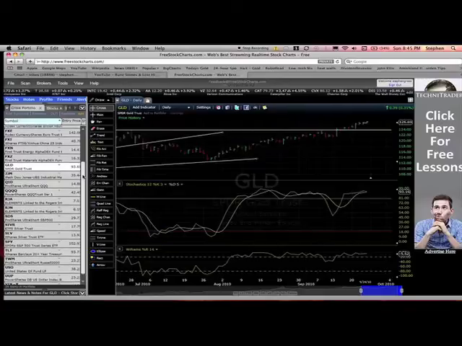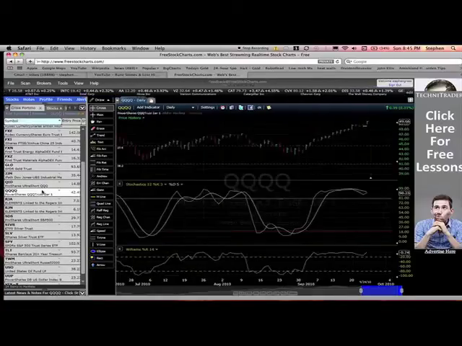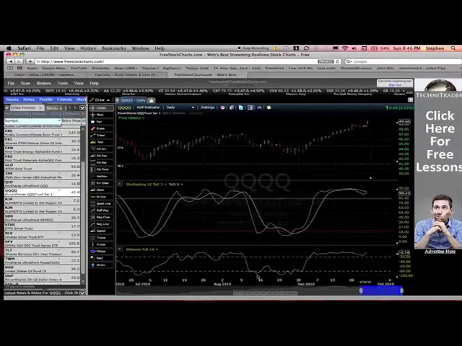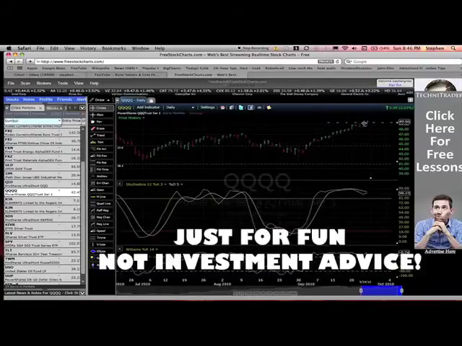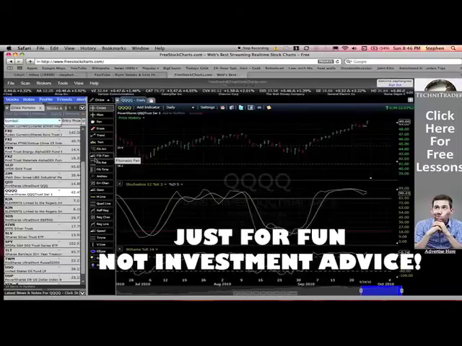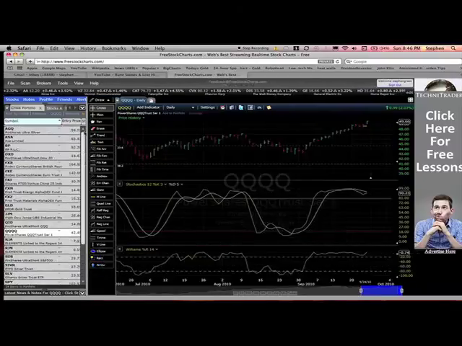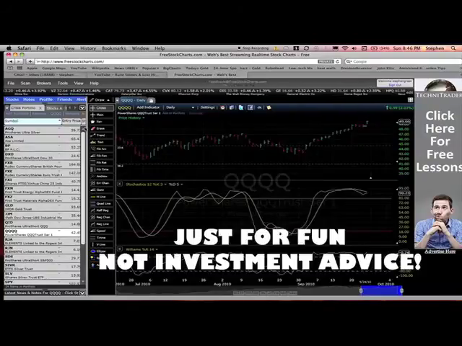Now, here's some of the real questions. Let's look at the PowerShares QQQQ Trust, the stock market. August 23rd, a few days of indecision, but then it realizes the dollar is getting hammered, so money comes to the stock market as a refuge from the dollar. My theory may not be true, but that's a PowerShares Trust.